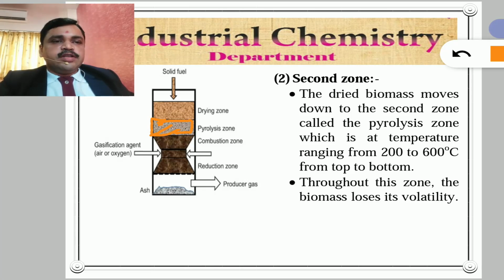Throughout this zone, the biomass loses its volatility. Biomass contains some volatile materials, and at that temperature, 200 to 600 degrees Celsius, the volatile material is removed. Therefore, throughout this zone, the biomass loses its volatility.